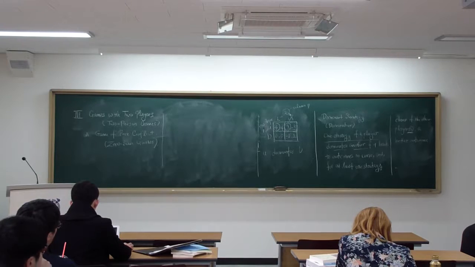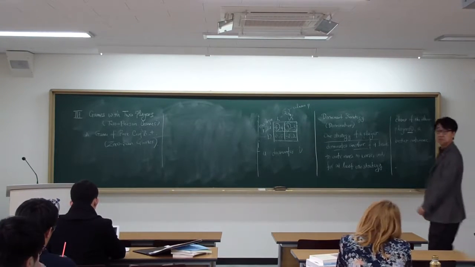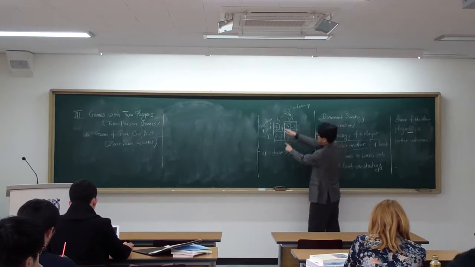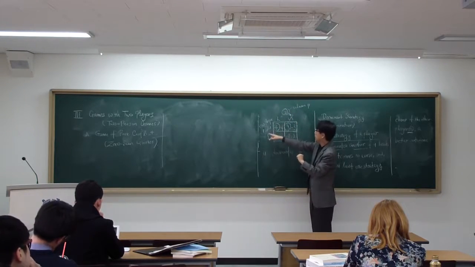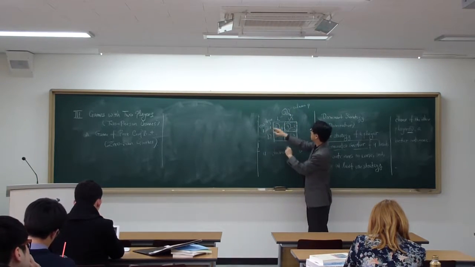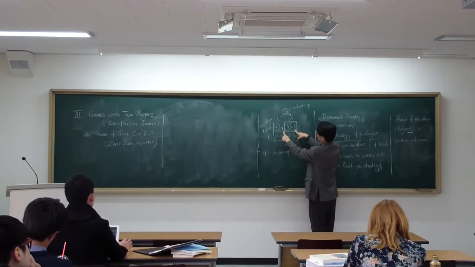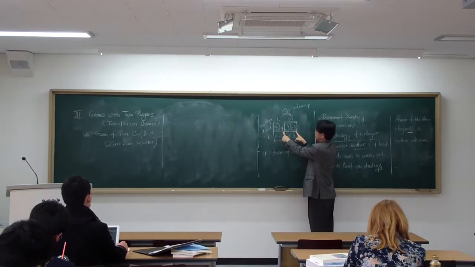The right column. Right column? Is that right? Okay. If my opponent, this is me now, if my opponent chooses up, I am better off by choosing right, because -3 is greater than -4.